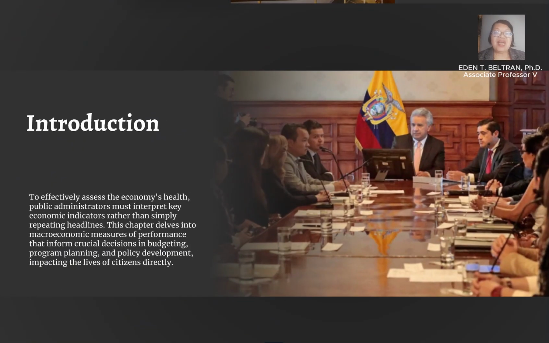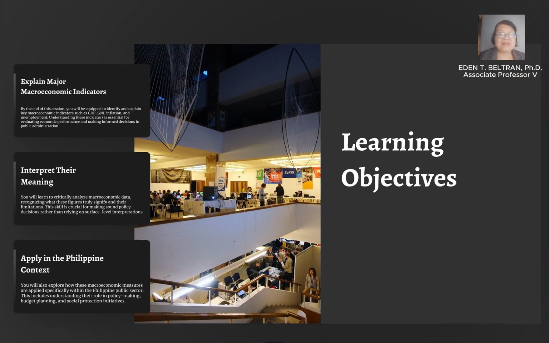So today, our topic is about macroeconomic measures of performance. And these are the tools that policymakers use to assess the overall health of the economy. And they guide the national budgeting, social protection programs, infrastructure planning, wage protection, wage policies, and local development planning.